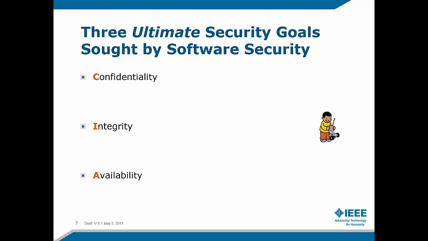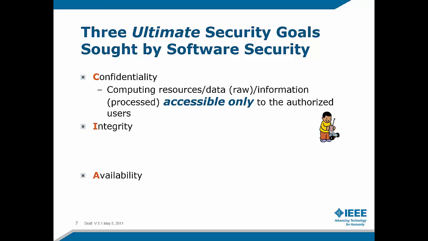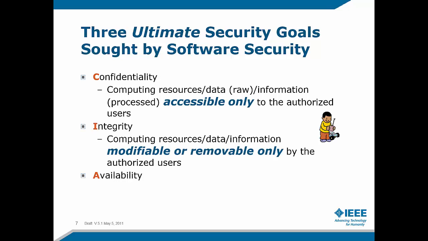The first one is confidentiality, and confidentiality is ensuring computing resources, raw data or processed information accessible only to the authorized users. Integrity is next, and integrity is also making sure computing resources, data information, modifiable or removable only by the authorized users.